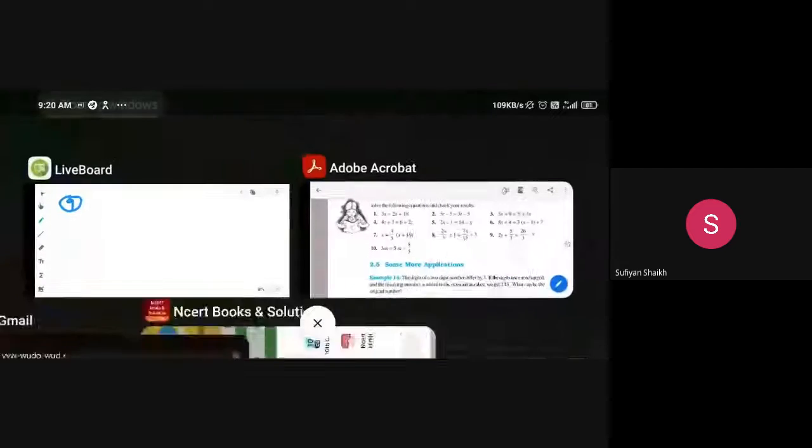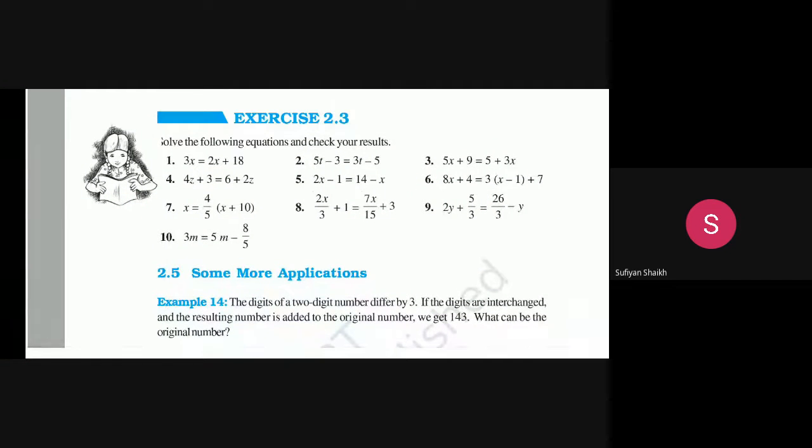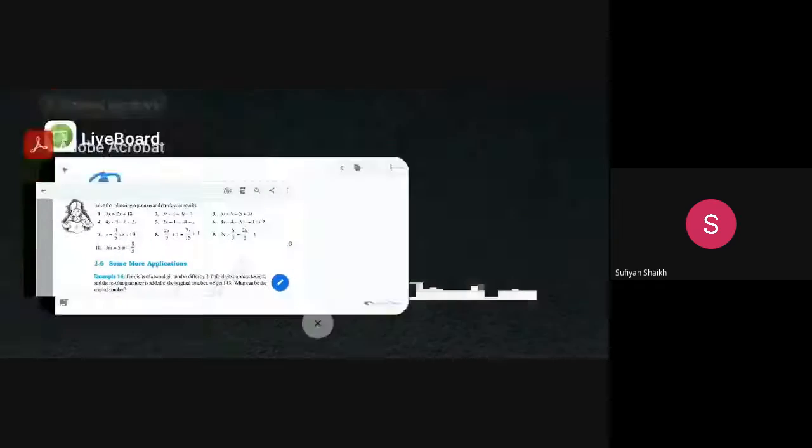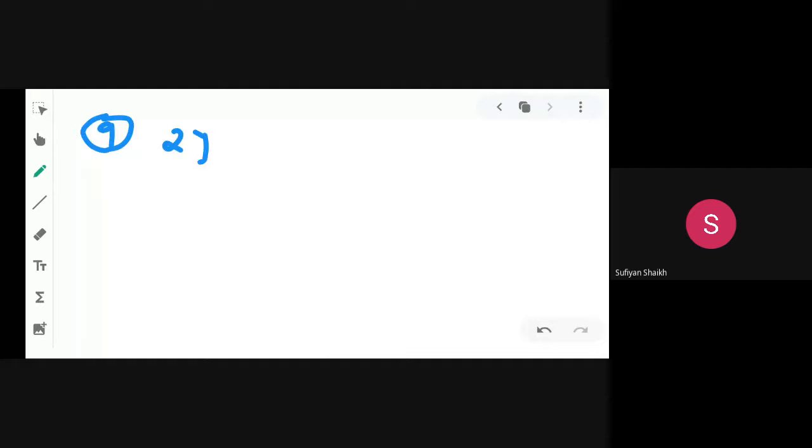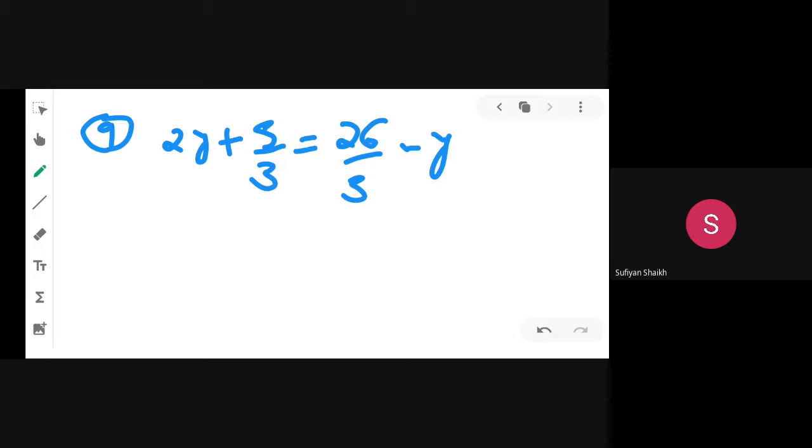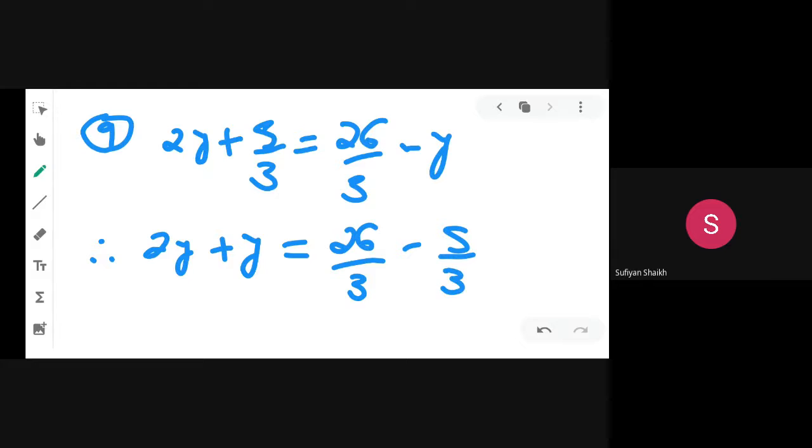Now you can see question number 9. 2y plus 5 by 3 is equal to 26 by 3 minus y. We are taking variable to the left side. Minus y becomes plus y, and 26 by 3 minus 5 by 3.